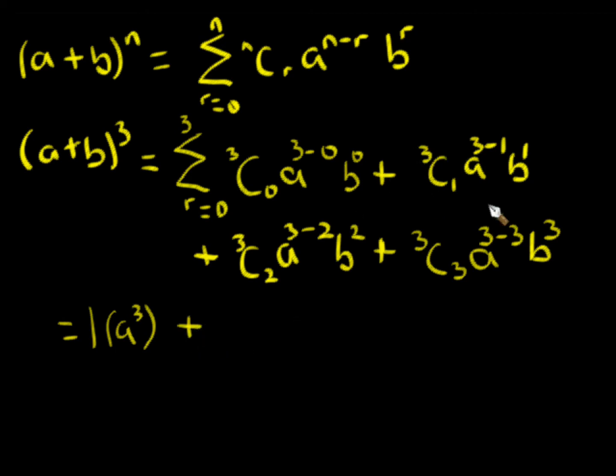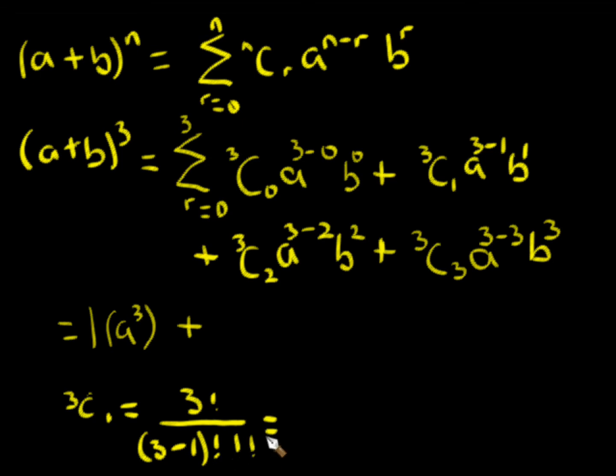Now we're moving on here. 3 combination 1. This gives us 3 factorial divided by 3 minus 1 factorial multiplied by 1 factorial. So 3 minus 1 here gives us 2, right?